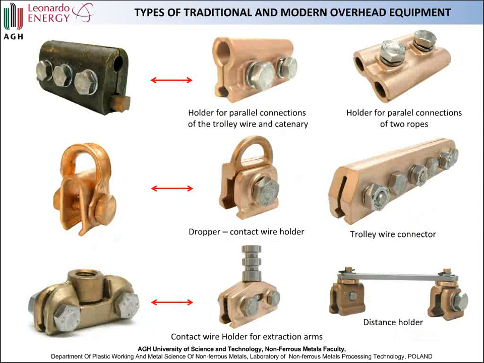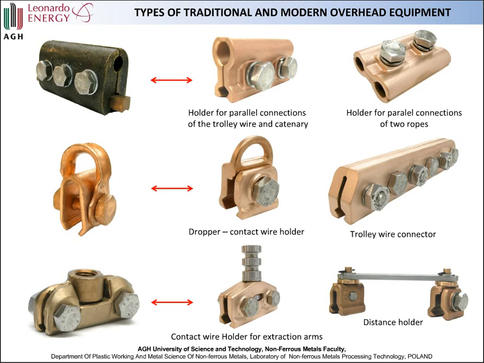That's why there are also some research and development works being concentrated on the new modern overhead traction equipment made from new materials, of course, still based on copper because of the needed good electrical conductivity properties.